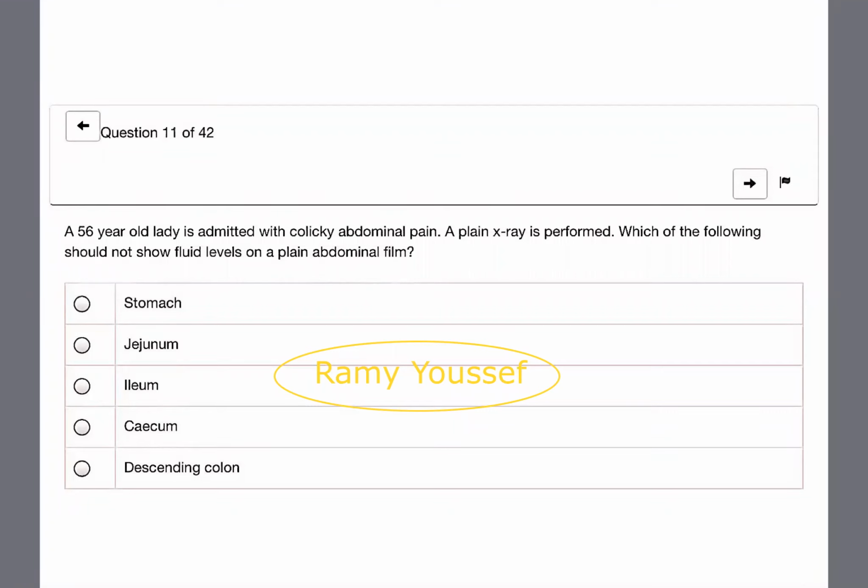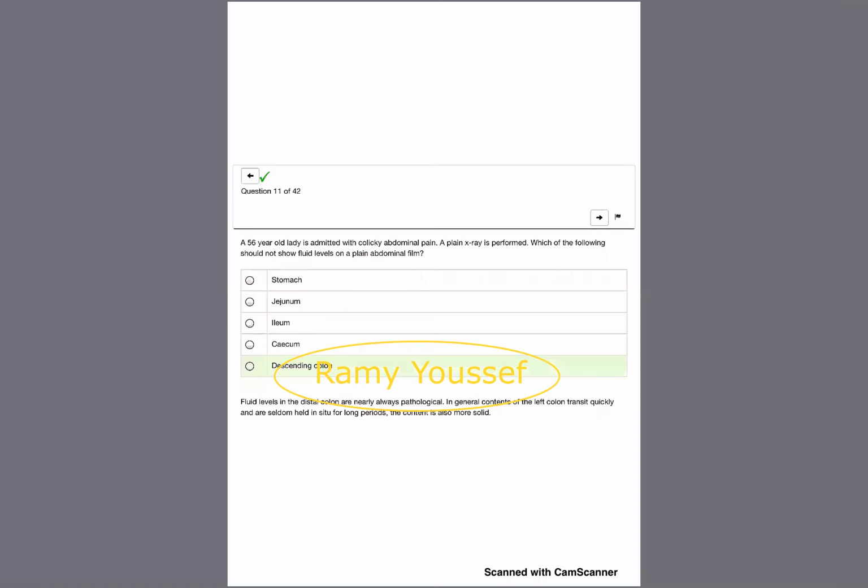a fluidy content. Stomach. Yes. Jejunum. Yes. Ileum. Yes. Cecum also, contents coming from the ileum are at least fluidy. The only place that we can't find a fluid is the colon.